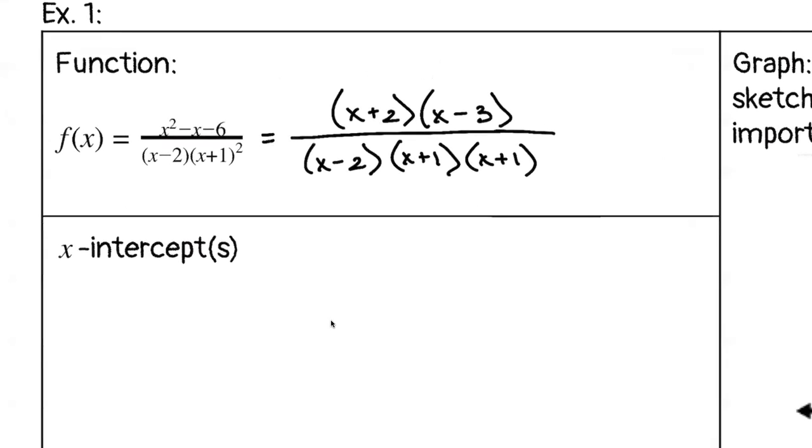Based on what we have so far, let's start with the discontinuities. What type of discontinuities do you expect? Are there going to be holes? Are there going to be vertical asymptotes? How do you know?